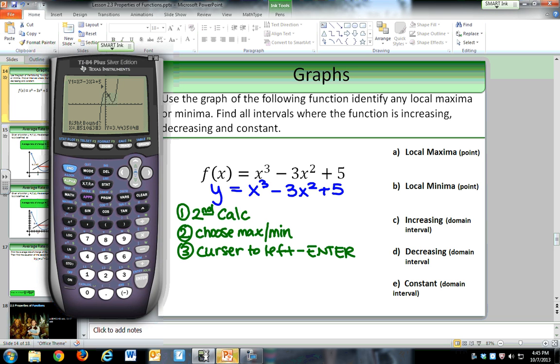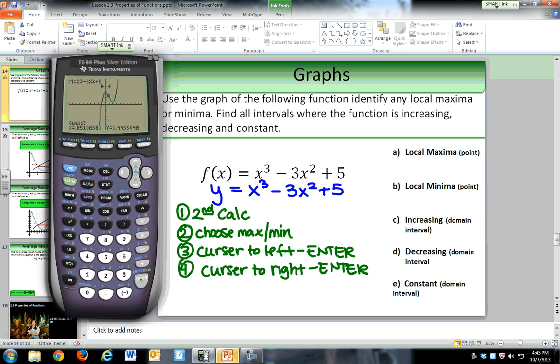Move the blinking cursor with your arrows to the right, then hit enter. What you've just done is told the calculator to find the maximum point between the two areas. You gave it a left boundary and a right boundary, and the calculator is going to find the highest point between those two boundaries.